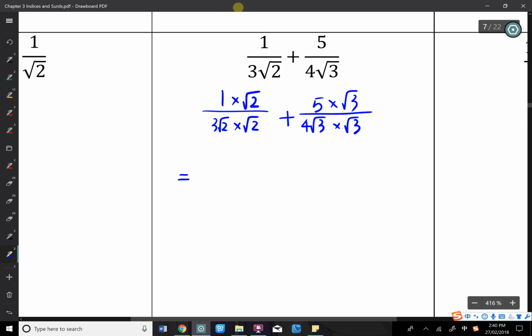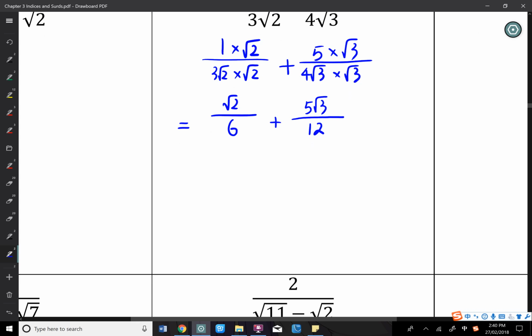So what I have here is root 2 on top and 6 at the bottom. Root 2 times root 2 is 2, 2 times 3 is 6. And then we have 5 root 3 here. Root 3 times root 3 is 3, so that's 12 here. Now just times the first one by 2: 2 root 2 over 12 plus 5 root 3 over 12.